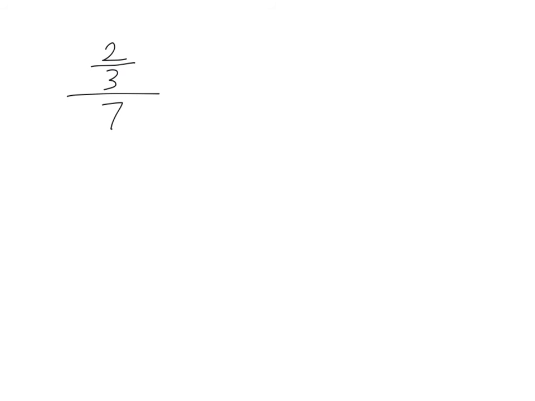Alright, let's see how you did. Done right, 2/3 divided by 7. That's really 2/3, keep the first fraction the same, change division to multiplication, and change 7 into its reciprocal.